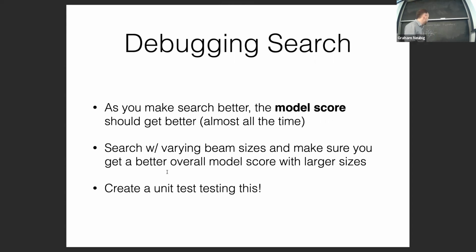So you do decoding with beam size of 1, then 3, 5, 10, and your log probability should be going from like -10 to -9.5, -9.3, -9.2, or something like this. And if it's not getting better, then that's indicative of an issue.